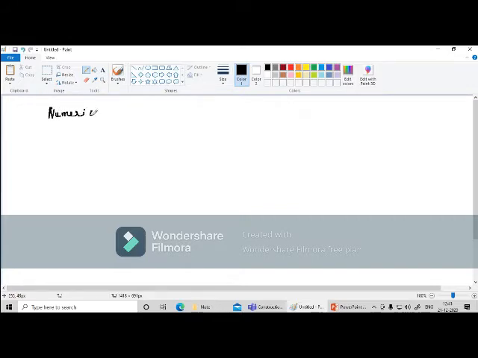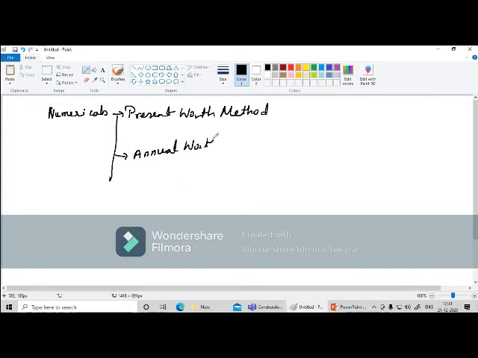We are going to solve numericals based on the present worth method. If you remember, in my earlier classes I told you we'll be solving numericals on depreciation, on the present worth method, and on the annual worth method. In today's class we'll start learning the problems based on the present worth method.